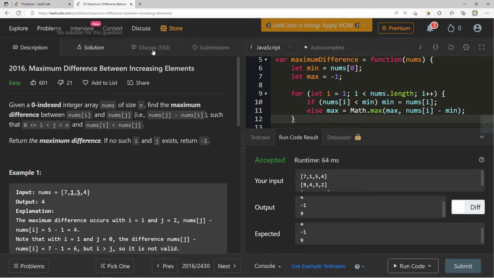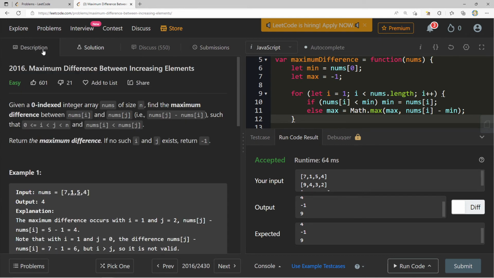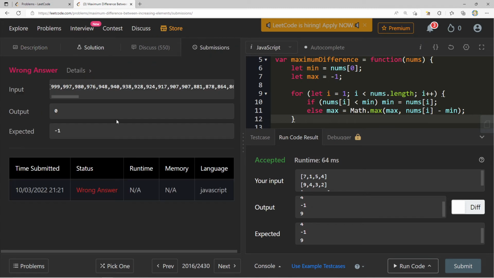So it said 0. I'm guessing it said 0 because of this 26 in here. Oh, there's also 102, 102. So it's like, okay, 997 is smaller, 980 is smaller. So we need to find, yeah, they need to be less than, but nums of i is less than nums of j.